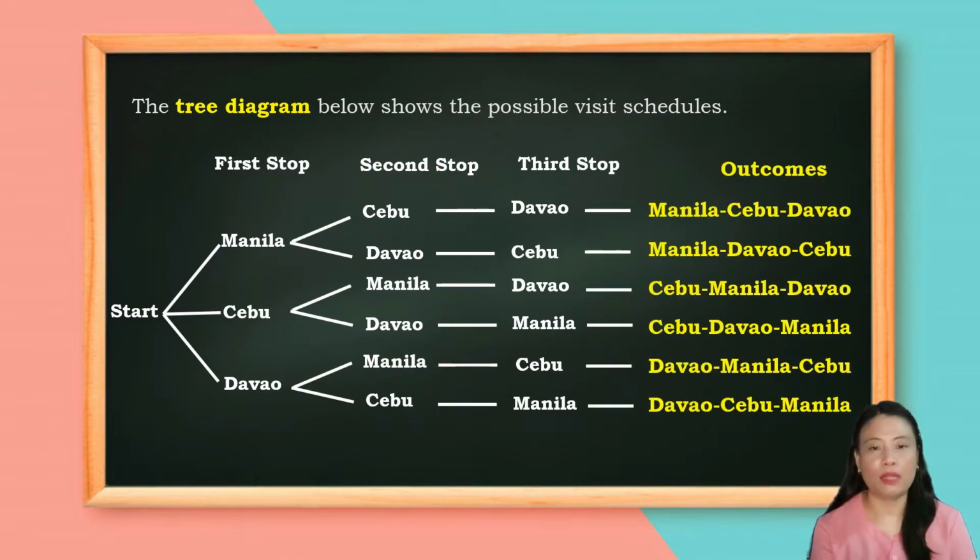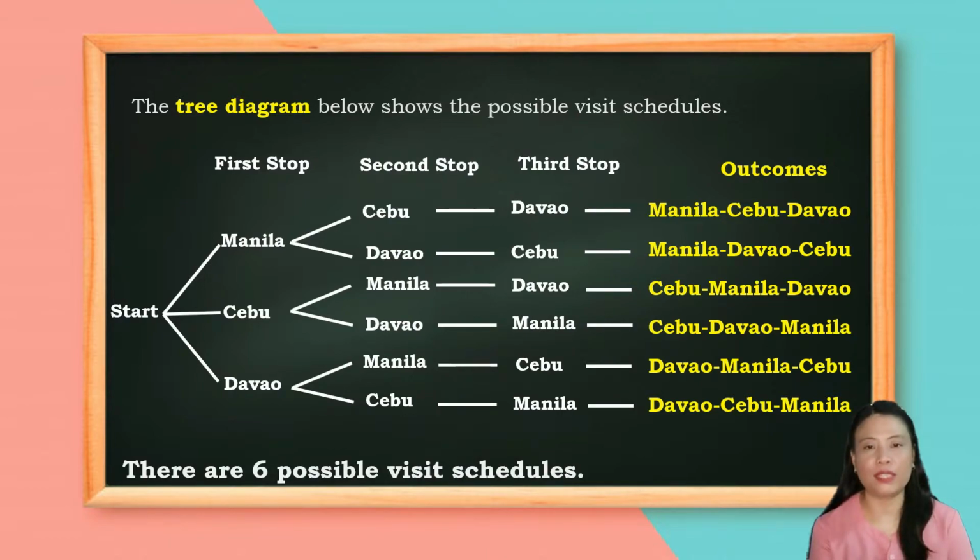These are the possible outcomes that we can come up with: Manila, Cebu, Davao; Manila, Davao, Cebu; Cebu, Manila, Davao; Cebu, Davao, Manila; Davao, Manila, Cebu; and Davao, Cebu, Manila. Based on our diagram, there are 6 possible visit schedules.